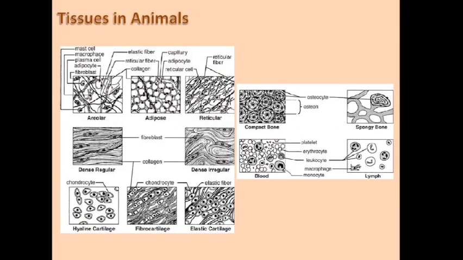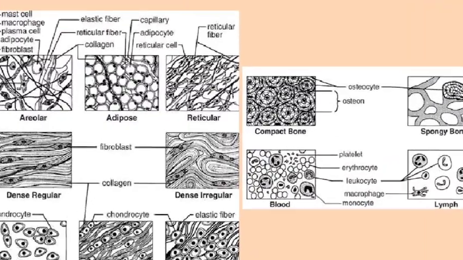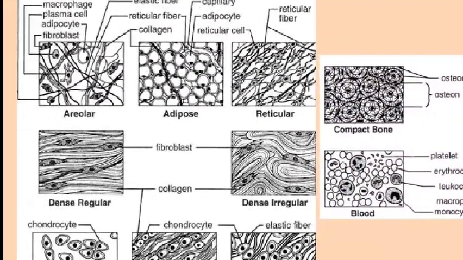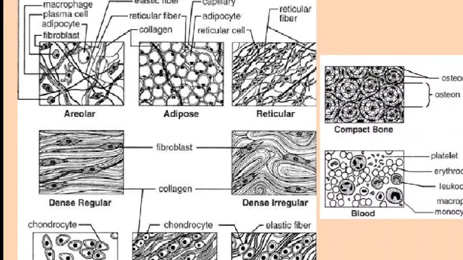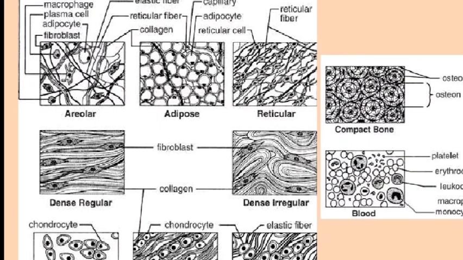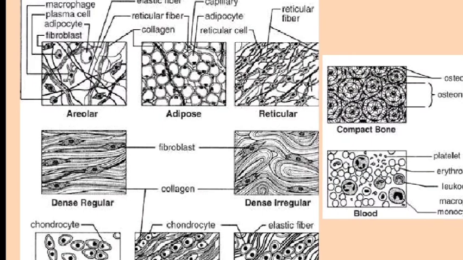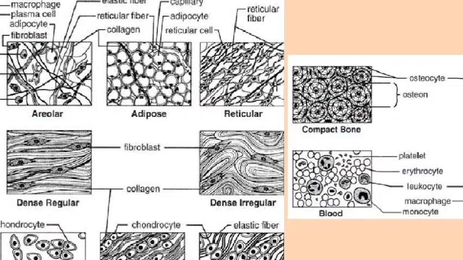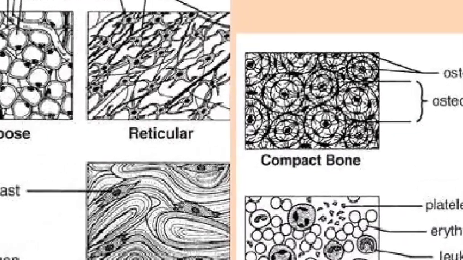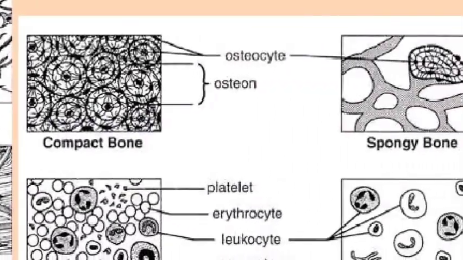Here you are seeing the different cellular structures of the connective tissues. In the first one, you are seeing the areolar tissue, adipose tissue, and reticular tissue comprising the loose connective tissue. Here you are seeing the bone tissue, compact bone and spongy bone.